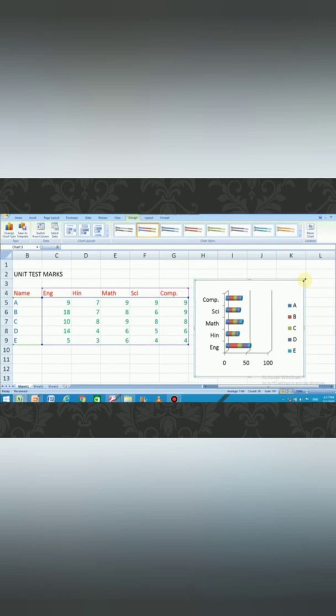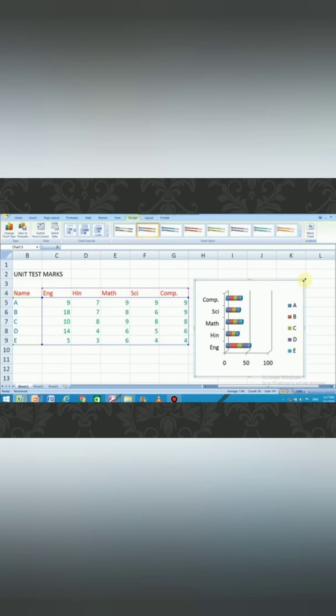In this chart, the category axis is here, like 0, 50, 100. Okay, and the value axis is here with 0, 50 and 100 in the form of the x-axis, and the categories are there like computer, science, mathematics, Hindi and English in the form of the y-axis.